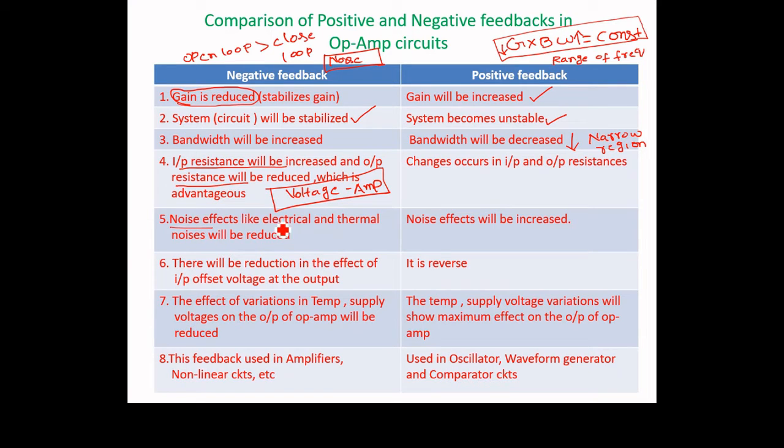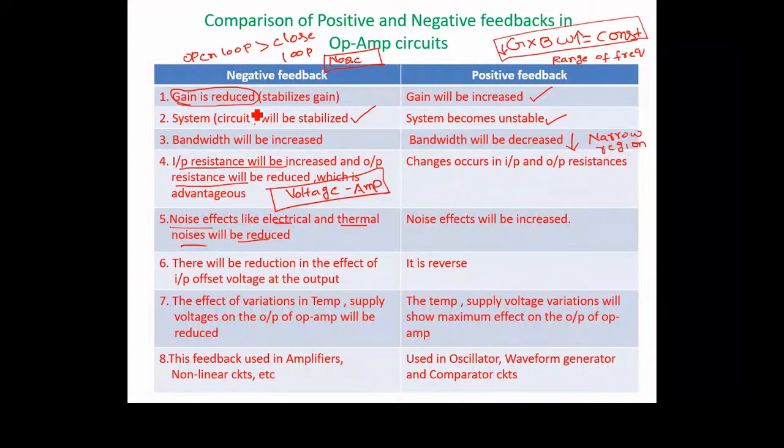The next major advantage is noise effects. Noise effects like electrical and thermal noise will be reduced because the gain is decreasing. Bandwidth increasing, stabilizing, and input resistance changes are all happening because the gain is reduced.